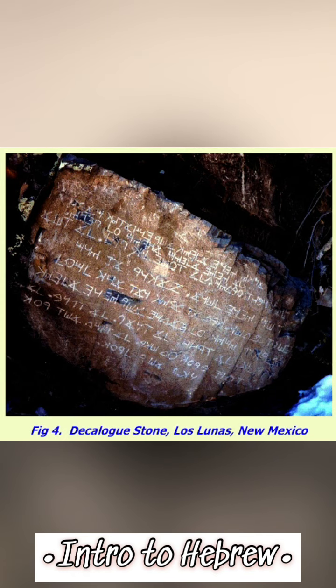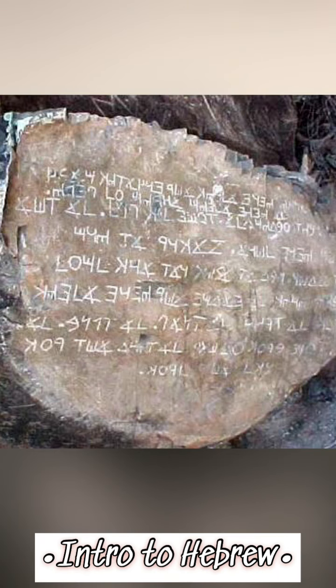So if we zoom in a little bit, you can clearly see the letters YHWH in Paleo Hebrew, which translates to Yahweh, the name of the Most High God, which is just one of the many proofs that the Most High's name is in fact Yahweh, spelled YHWH, right?